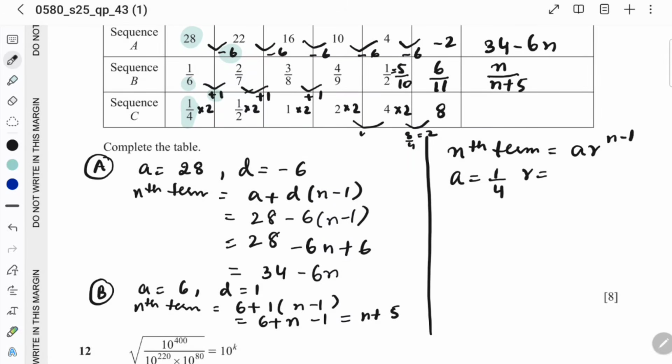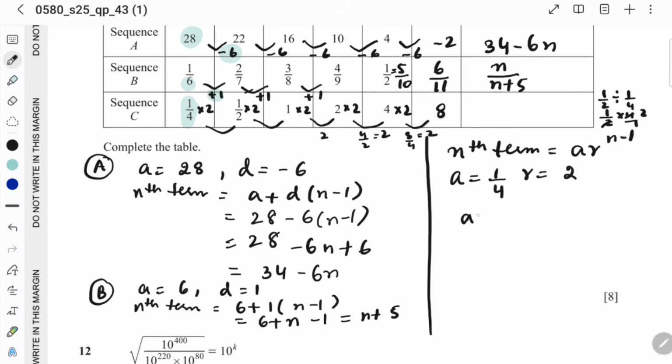You divide 4 by 2, which is 2. You divide 2 by 1, which is 2. You divide 1 by half, which is 2, and half by quarter, it is also 2. Half divided by quarter, half multiplied by 4 over 1, which is also 2. So you have the same r. Okay, r is 2 here.